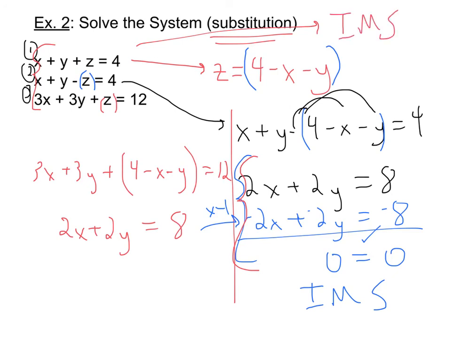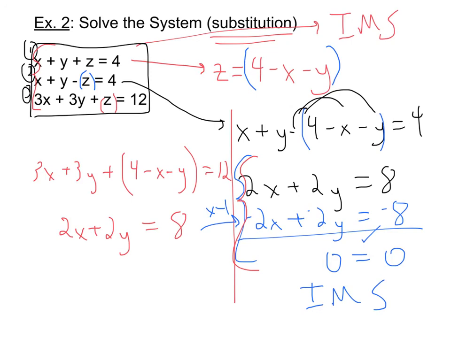If you do legal solving steps, either substitution or elimination, working with all three variables, and you arrive at a system with two equations that ends up having infinitely many solutions, what that's showing is that the equations from the original system are equivalent to the equations from the new system. Since they were equivalent, the solution set is also going to be equivalent. So if you produce a system with infinitely many solutions, then your original system also has infinitely many solutions.